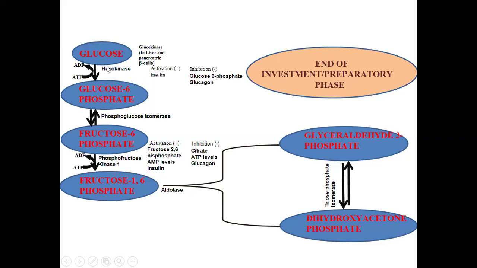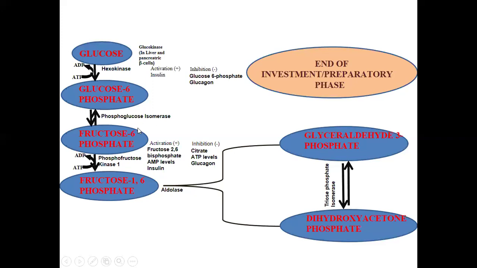And the name of the enzyme there is hexokinase. Then the second step is a reversible reaction of moving glucose 6-phosphate to fructose 6-phosphate, and the enzyme involved is phosphoglucoisomerase.